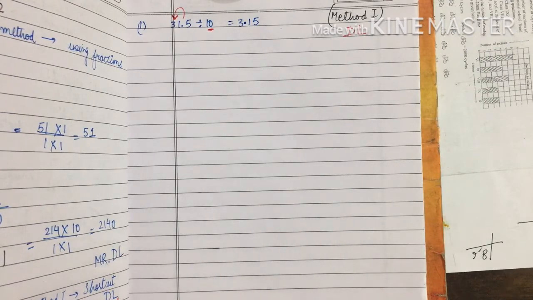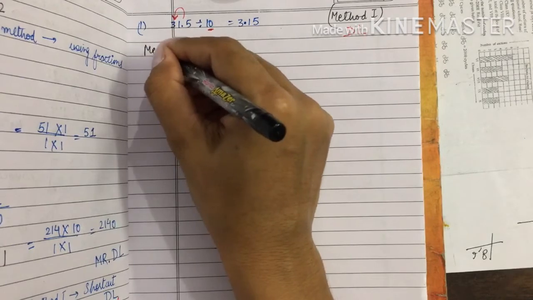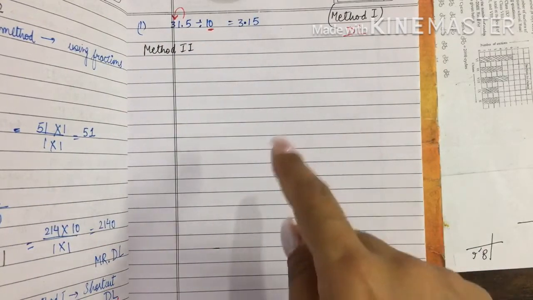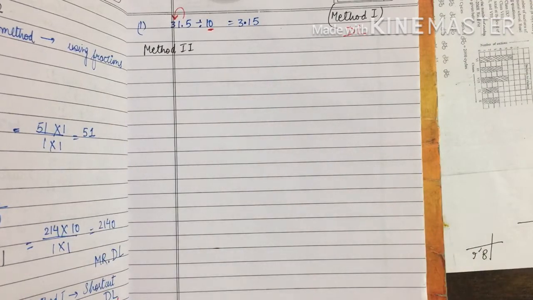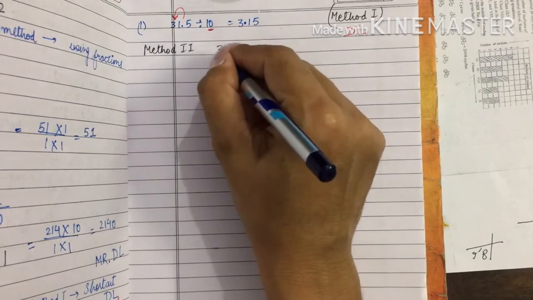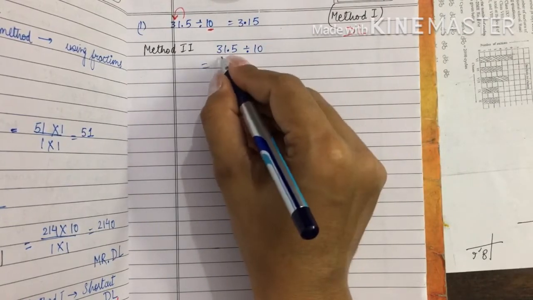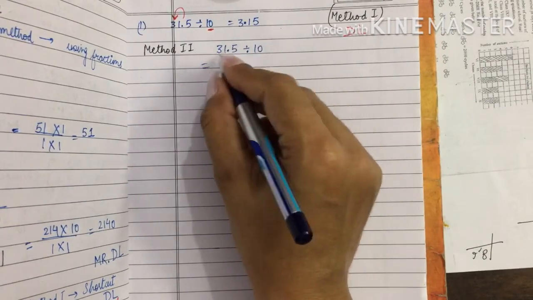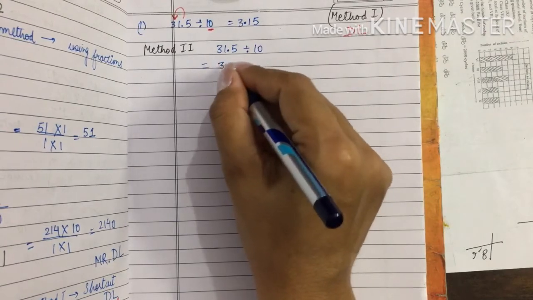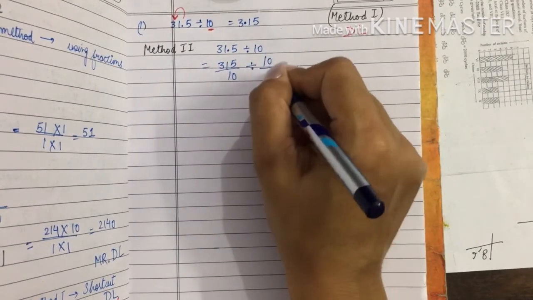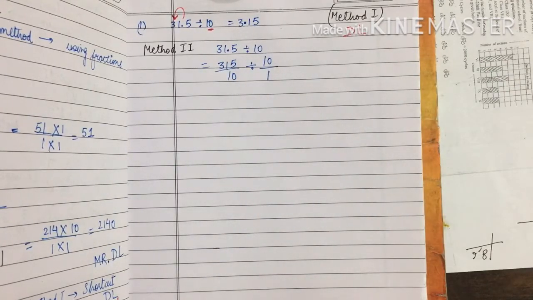If I had to use the second method, that is using fractions, then I would have to do a few steps. The shortcut gives you the answer directly in one step. The second method, you will have to do some work. So let's write down 31.5 divided by 10 using fractions, changing these to fractions. 315 by 10 divided by 10 over 1.